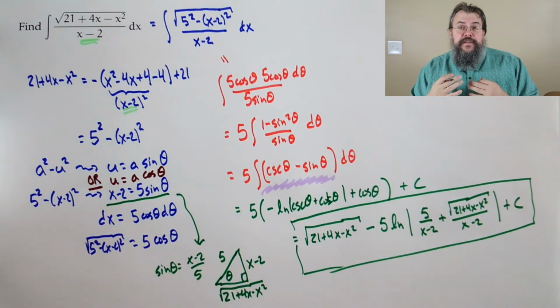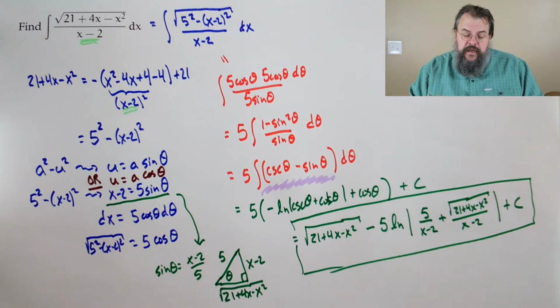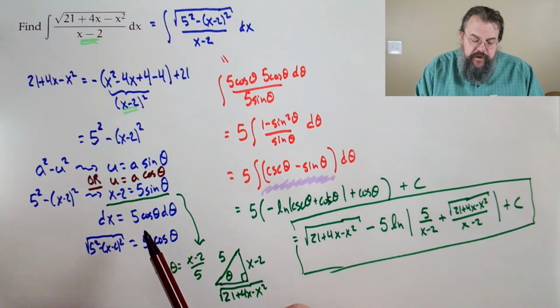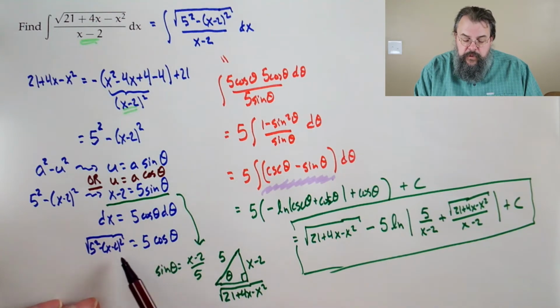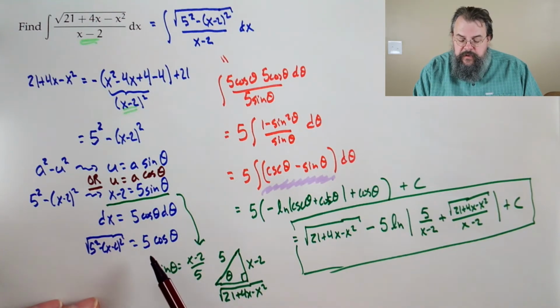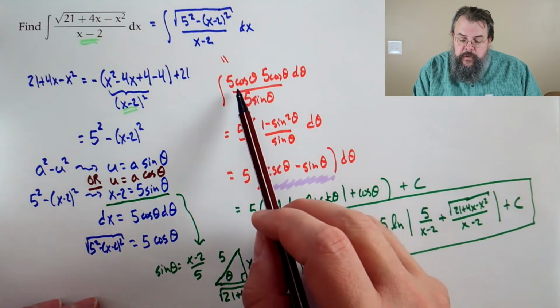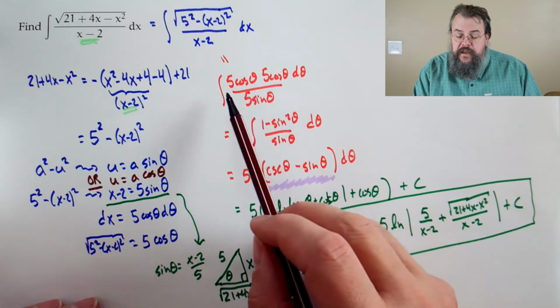And what happens is if you switch to a cosine theta, there's a lot of things that end up happening. But for example, the dx becomes sine. This square root of 5 squared minus x minus 2 squared becomes 5 sine. So wherever you see a sine becomes a cosine, wherever you see a cosine becomes a sine.